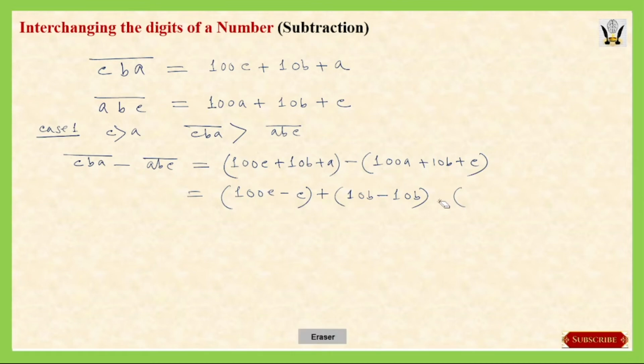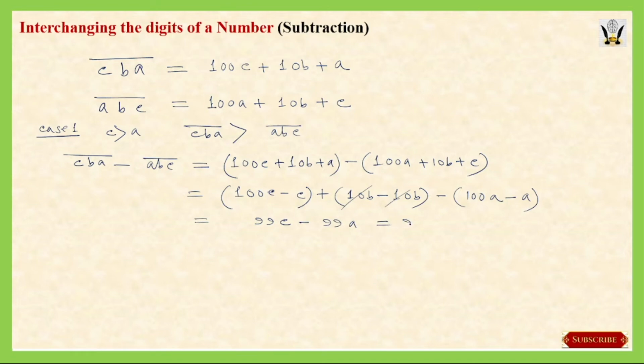So if we take minus common, then it will be minus 100A, and here it will be plus A... So minus A and minus 1, when we multiply, it will give us plus A, and that is what we have within this first part. So now if we further simplify, then it will be 99C, then 10B and 10B will cancel each other, and then we will have minus 99A.